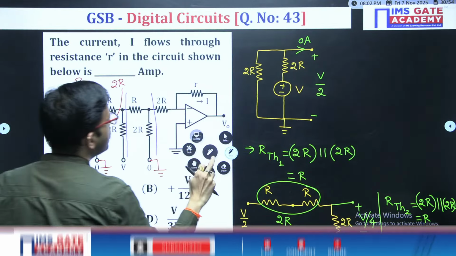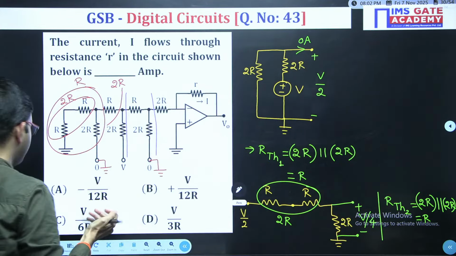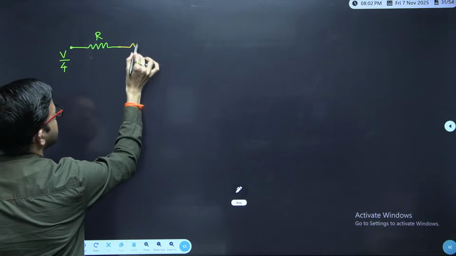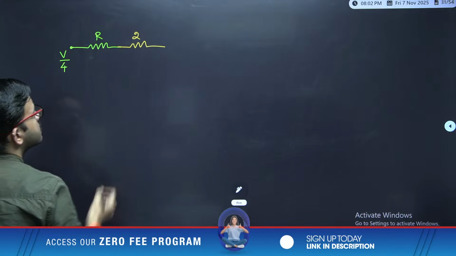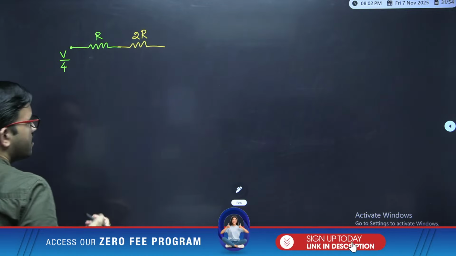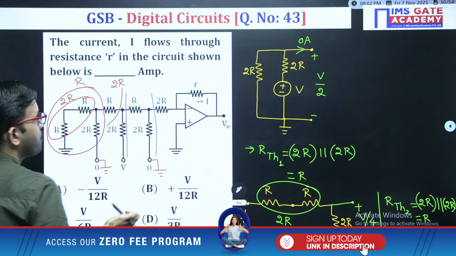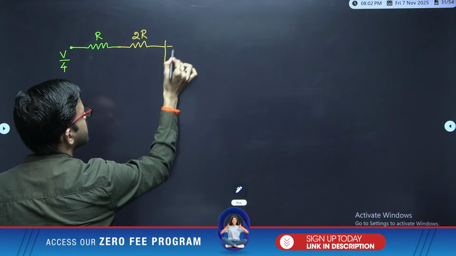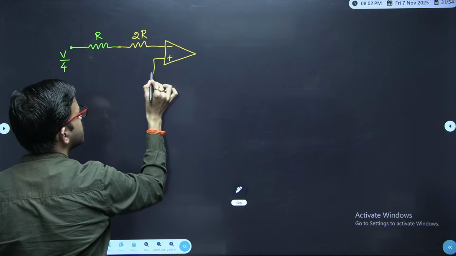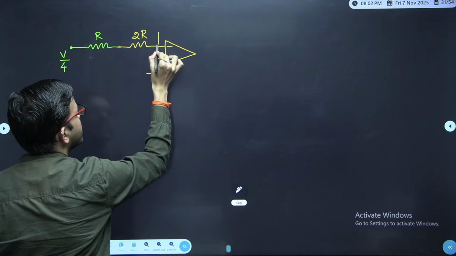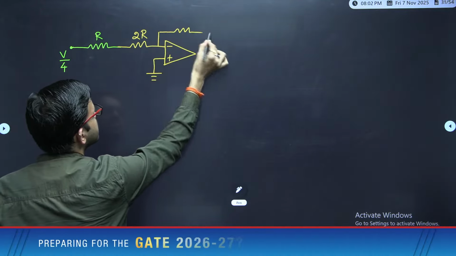Here you're having 2R and then the op-amp, and here one feedback resistor is there.